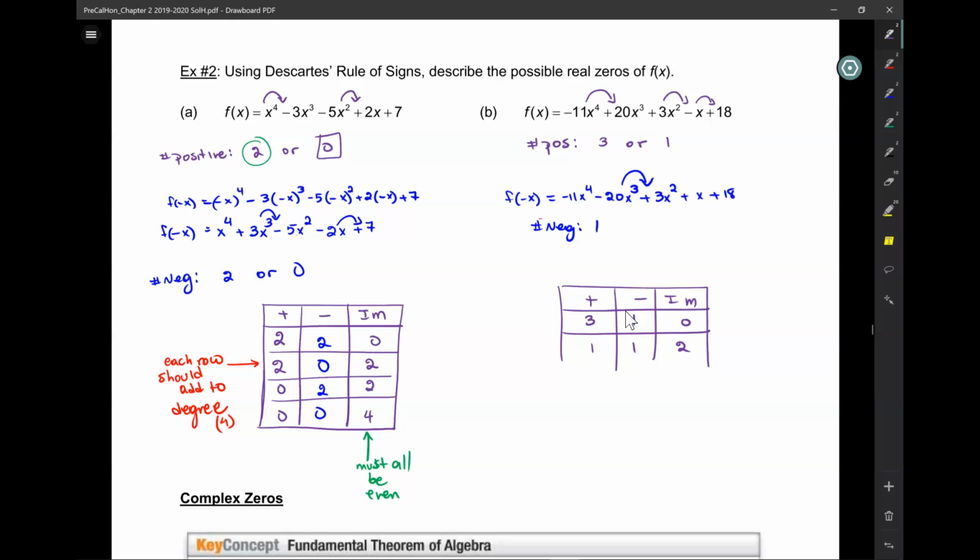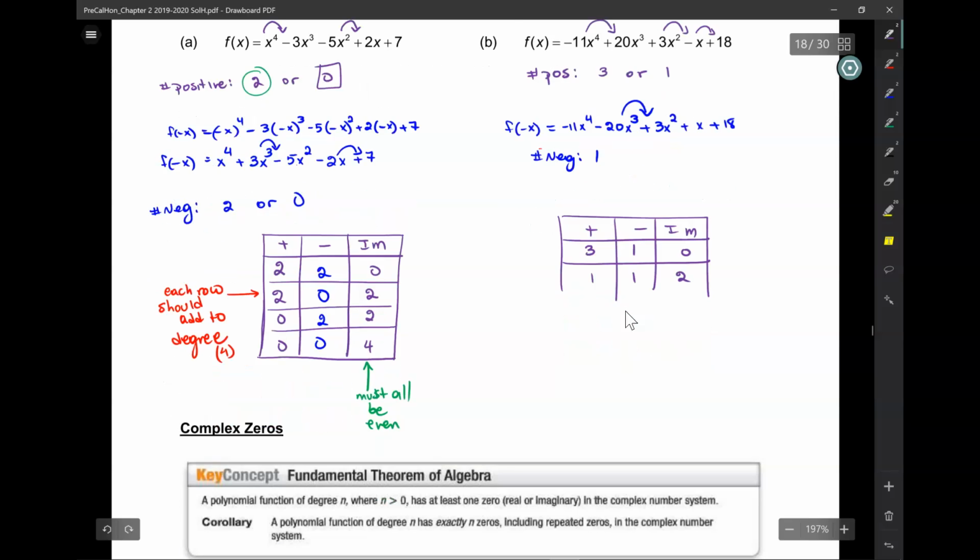It's not from here to here. That's always a source of confusion, and I'm always careful of how to use my language, but I always follow this. Once you've figured out f of negative x, you throw this one away, and just for f of negative x, you go down the row and see, okay, negative, negative, here it went to positive, and then it stayed positive. Okay? Any other questions?